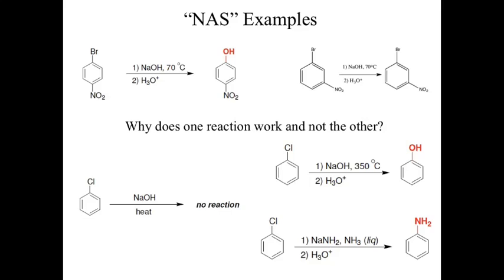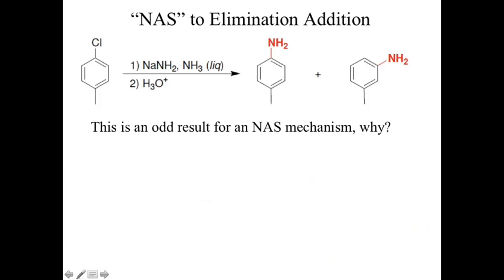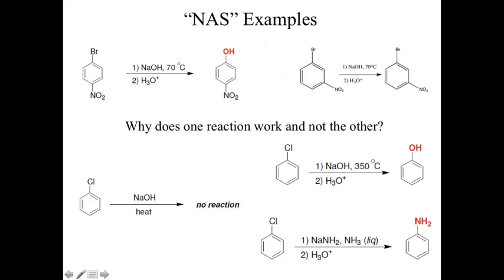And sure enough, when we moved to the NH2 as our nucleophile, we can use relatively mild reagents. Like I said already, liquid ammonia, not easy to make. This has to be relatively cold, so we're running at low temperatures to get this. So instead of adding brute force heat, we change the strength of our nucleophile, boom, we can get the reaction to work.